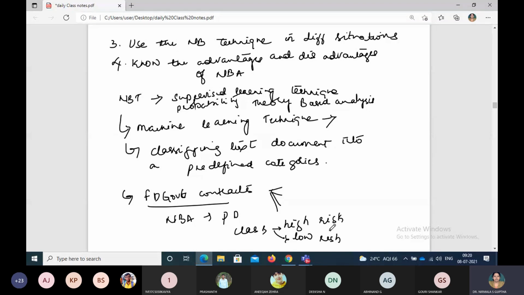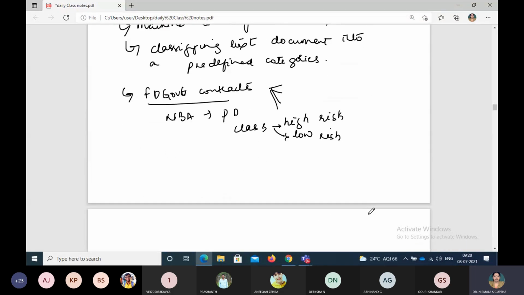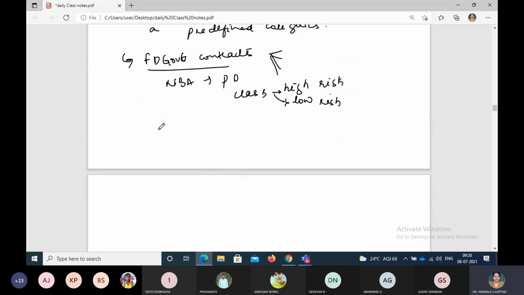So two values for each entity were obtained when they were trying to find the probability: the probability of the high risk and the probability of the low risk.